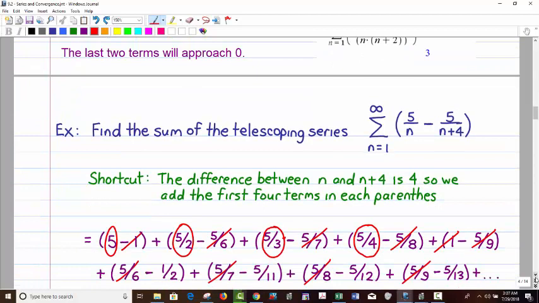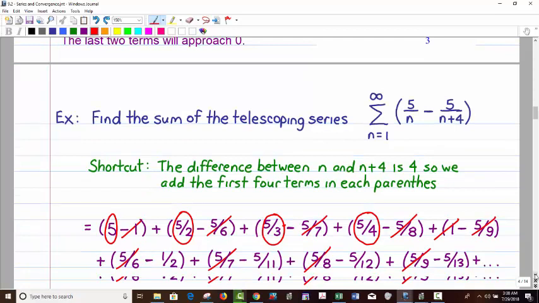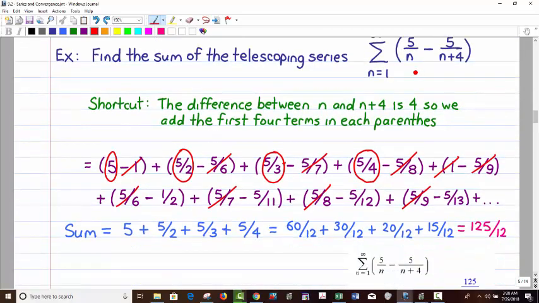Oh, okay, so that's where I just explained how to do it. Here I wrote it out for this particular example, the shortcut. Let's see this one. So you have an n and n plus 4. So the difference is 4 between those 2. Now that one's already factored for us. I mean, it's already partial fraction broken down. So yes, I wrote out all this stuff here, but I didn't need to.